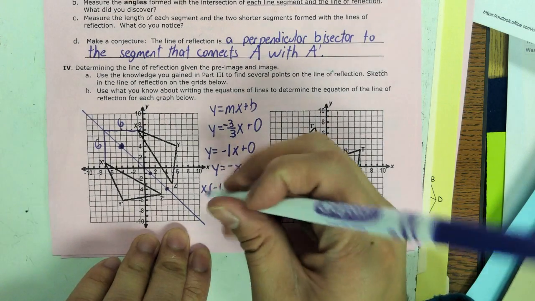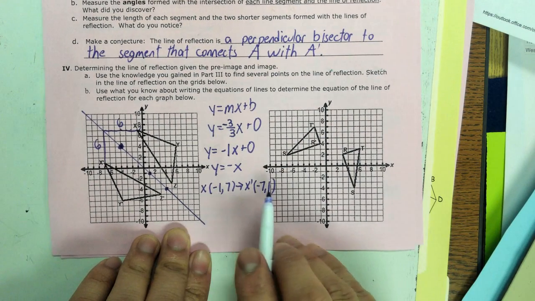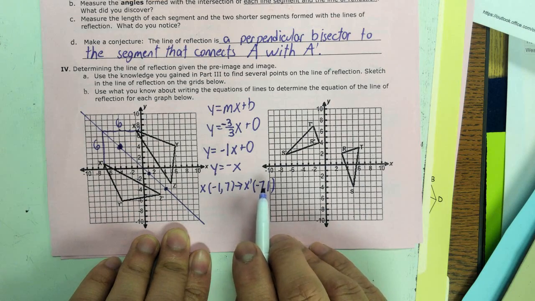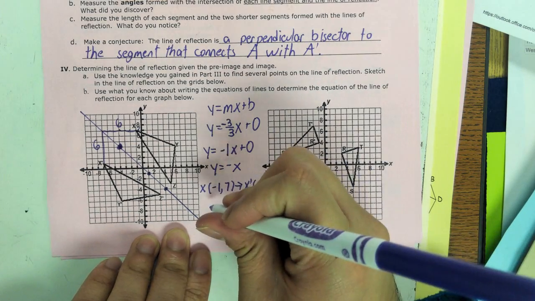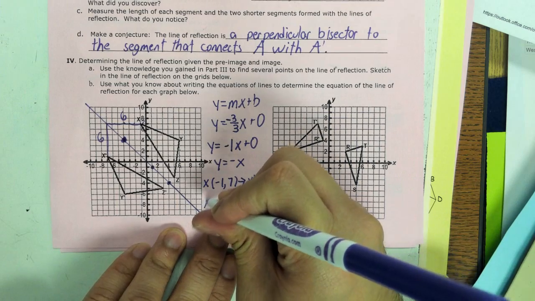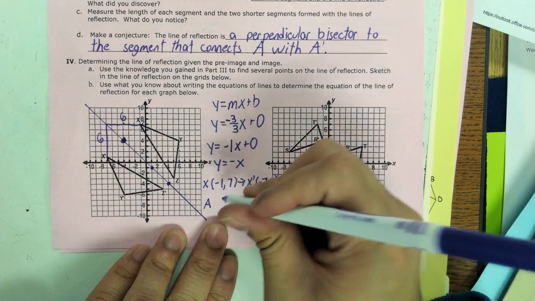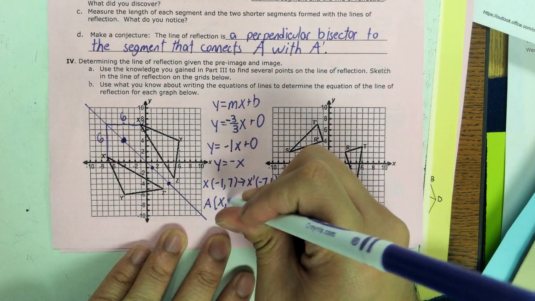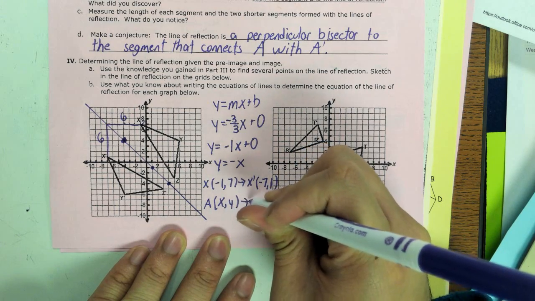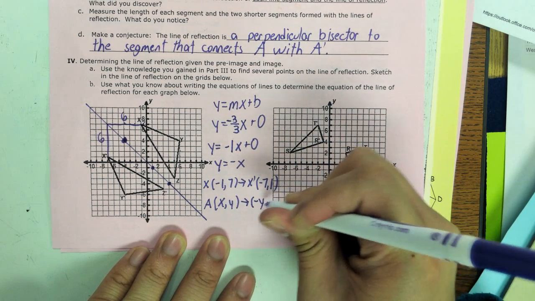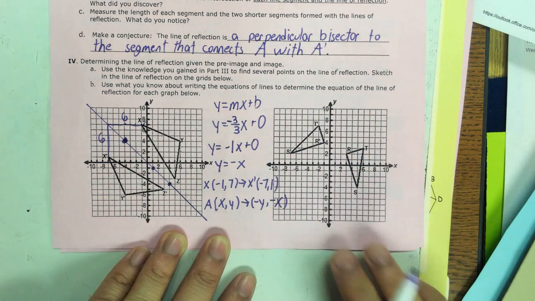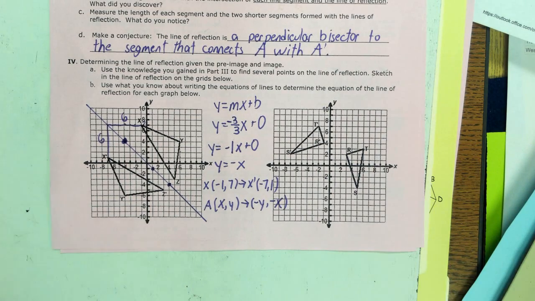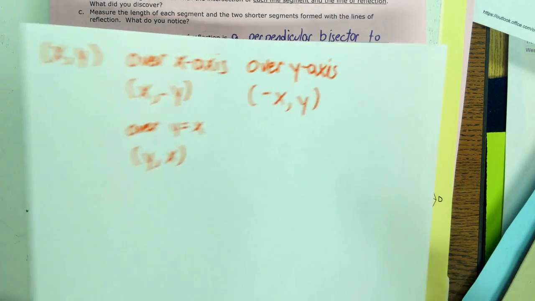The x and the y switch places and switch signs. So for the line y equals negative x, the rule is x comma y turns into negative y comma negative x. And that is the last rule for reflection.